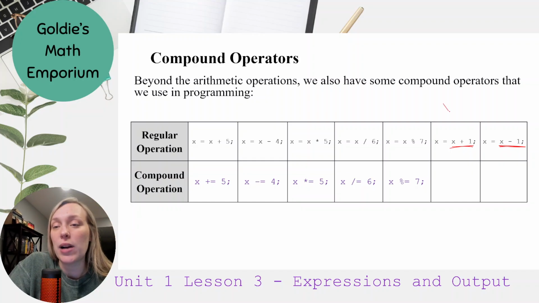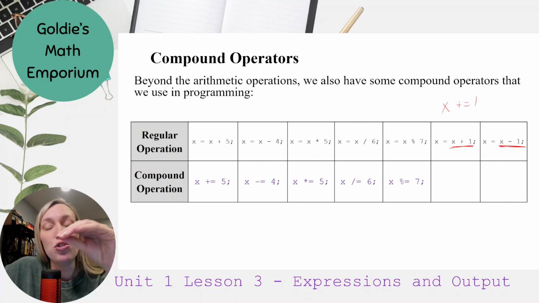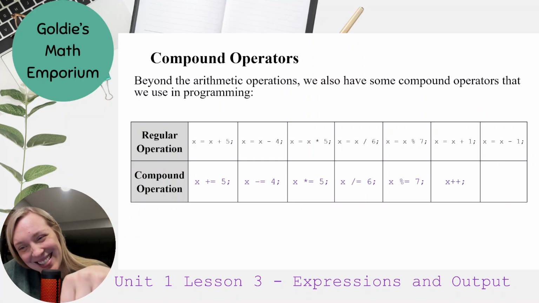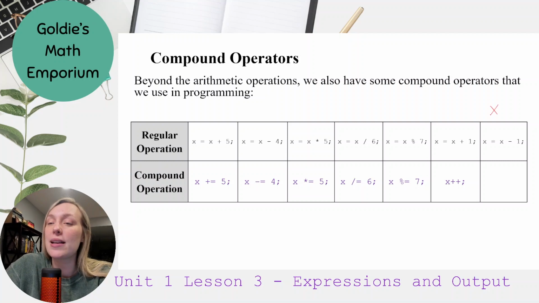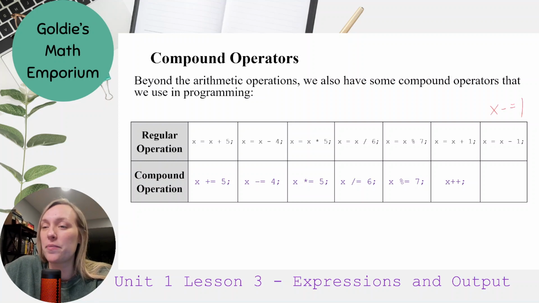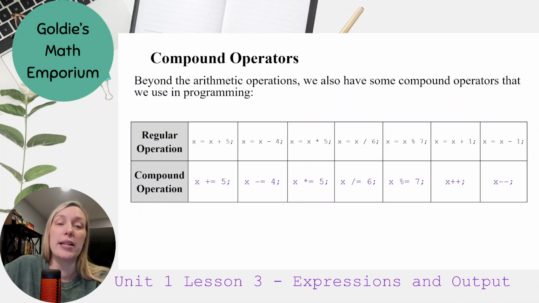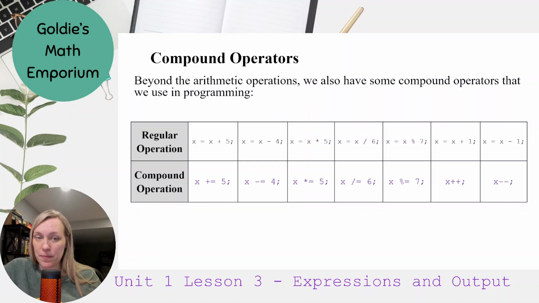Okay, we could do a compound operator of x plus equals 1, but there's an even shorter way to do that, and it's x plus plus. Okay, or we could do x minus equals 1. Or we could do x minus minus, okay?